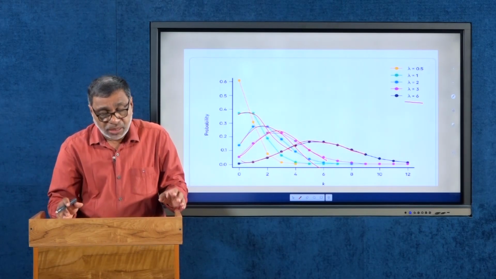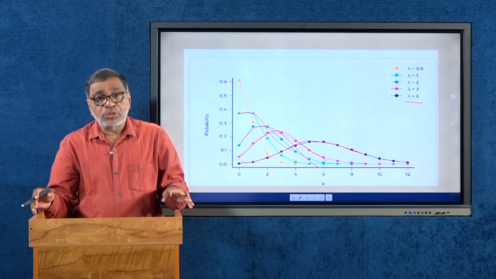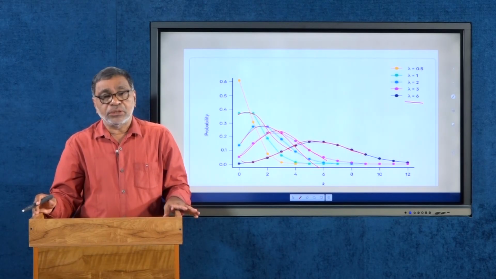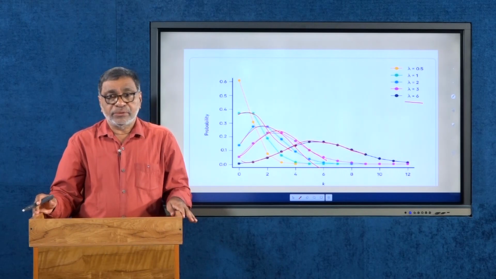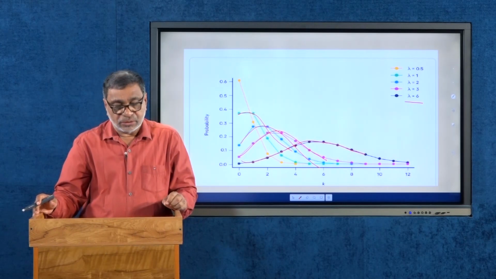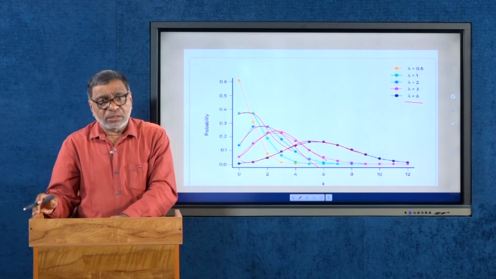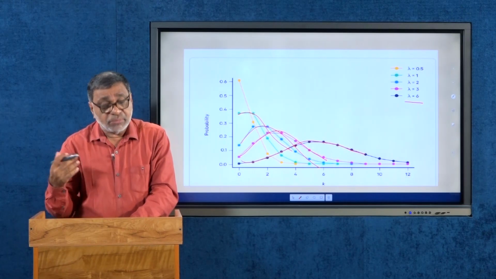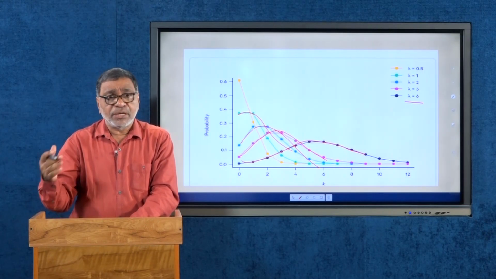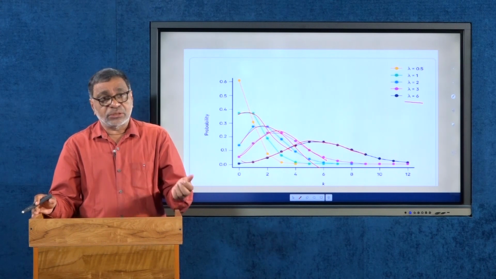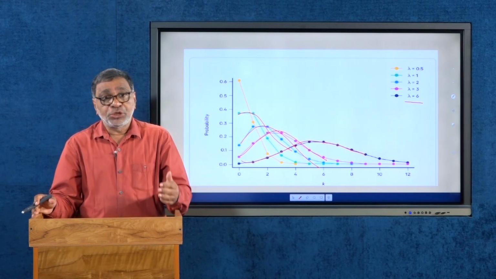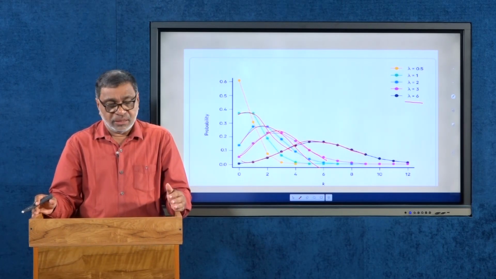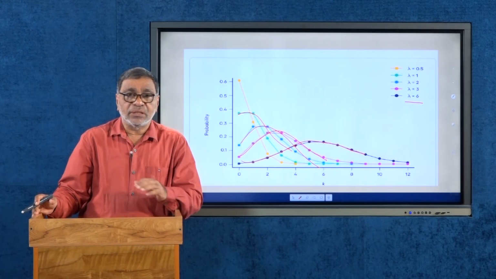So, when lambda is large, the Poisson distribution approaches the mesokurtic distribution character. And lambda, what does it mean? It is actually the mean of the distribution. So, as the mean increases, that is lambda increases, the kurtosis decreases, which means the distribution appears flatter at its peak and has thinner tails.